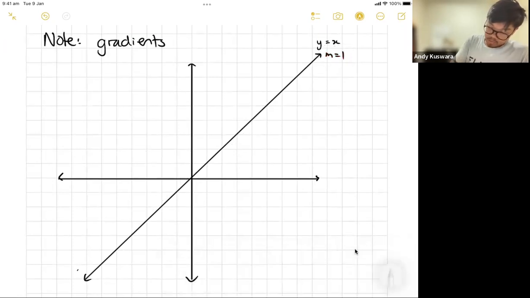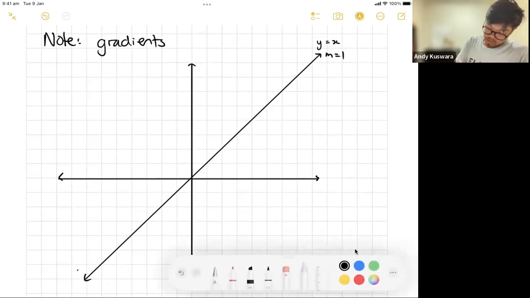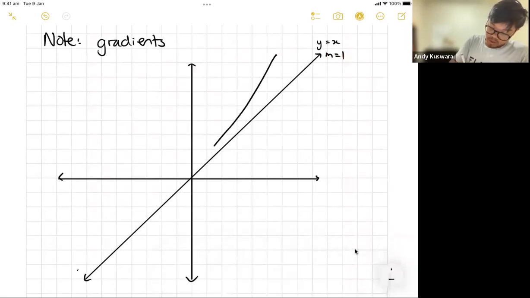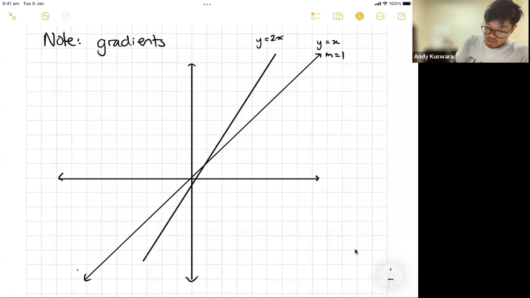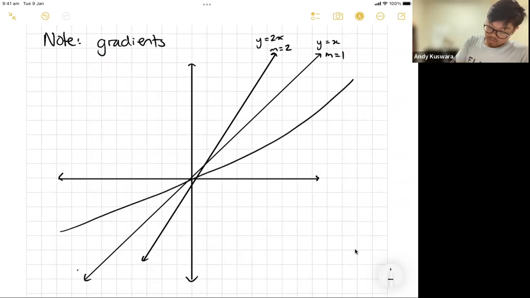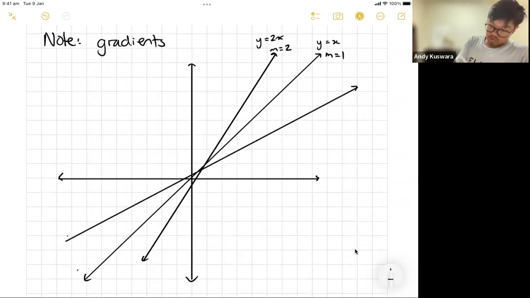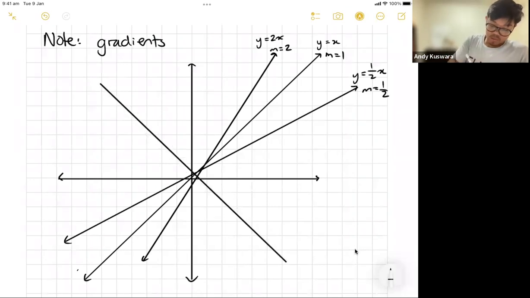Now if I have something a bit steeper, and this is not perfect, it's not to scale, but the idea is if I have y equals 2x, that's a gradient of 2, and it's going to be a bit steeper. If I go less steep, this is y equals half x, or x on 2, and your gradient is a half. So it's kind of less and less, and hopefully you can see that.